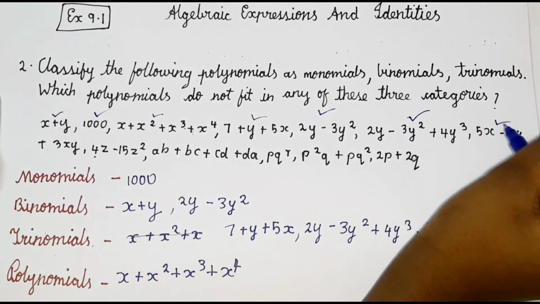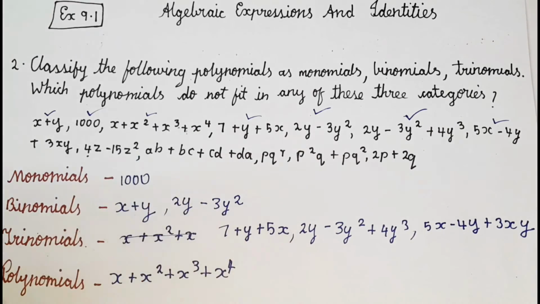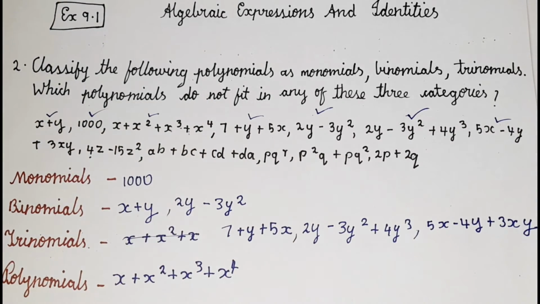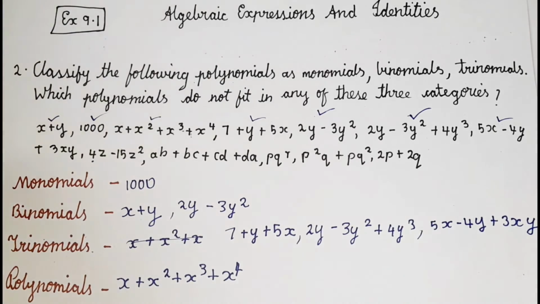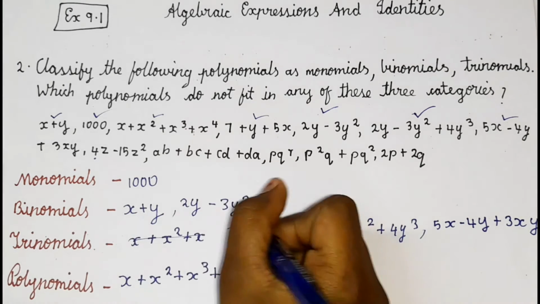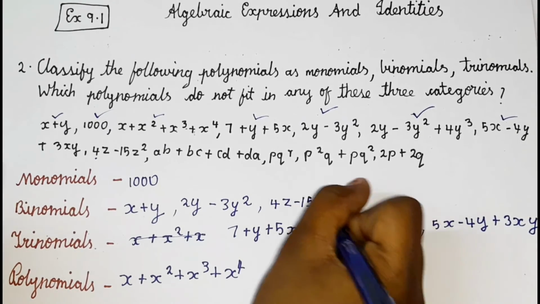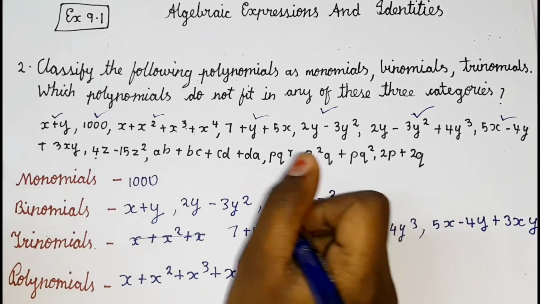So next we have 4z minus 15z square. So here we have two terms. What is the meaning of two terms? Two terms means binomial. Of course you guys know if you have two terms it is a binomial. So 4z minus 15z square.